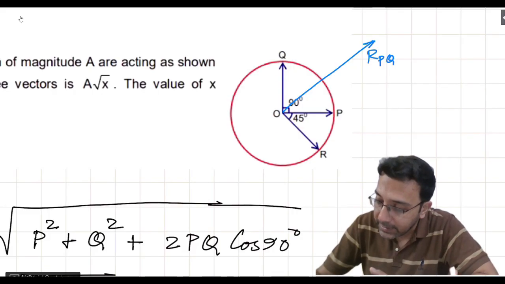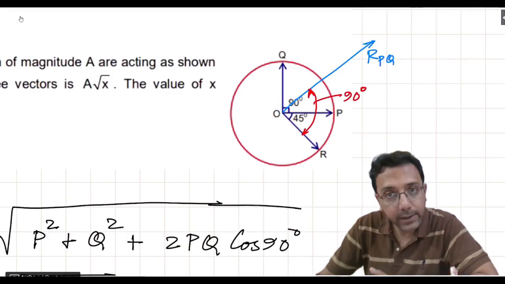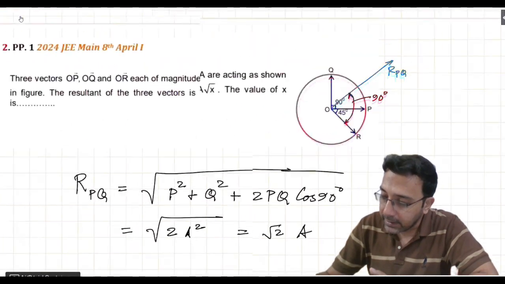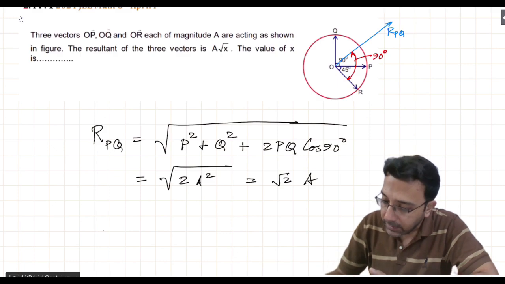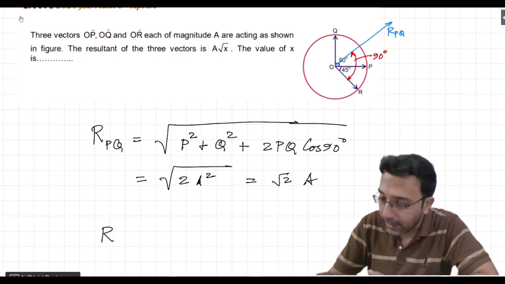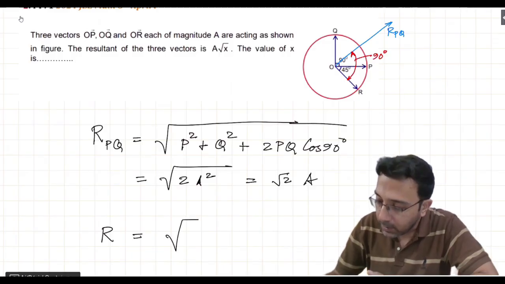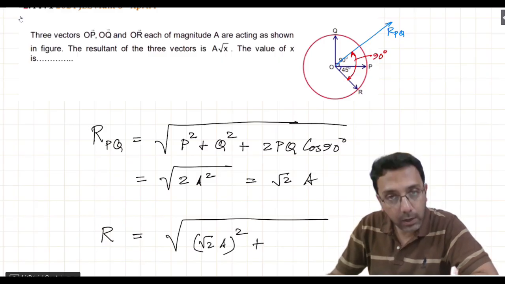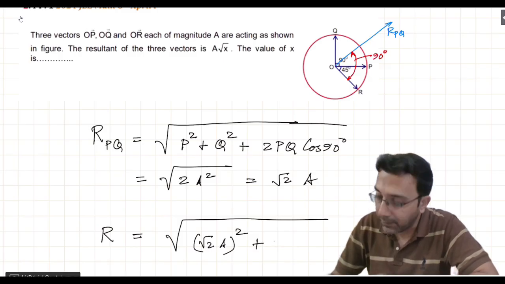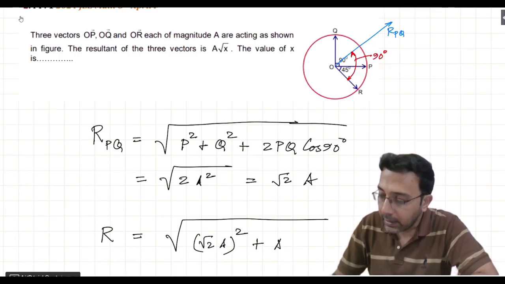The angle between these is again 90 degrees. Keeping this in mind, if I find another resultant, the resultant with PQ and R turns out to be root over root 2A whole square plus, in place of R also I am writing A square because of the same magnitude, A square, and cos 90 is of course 0, so I am not writing the next step.